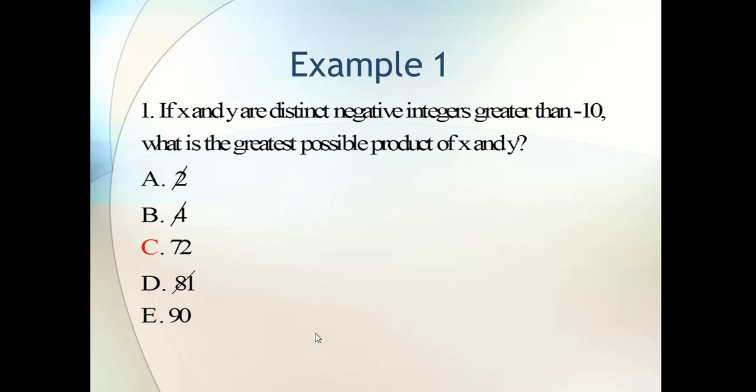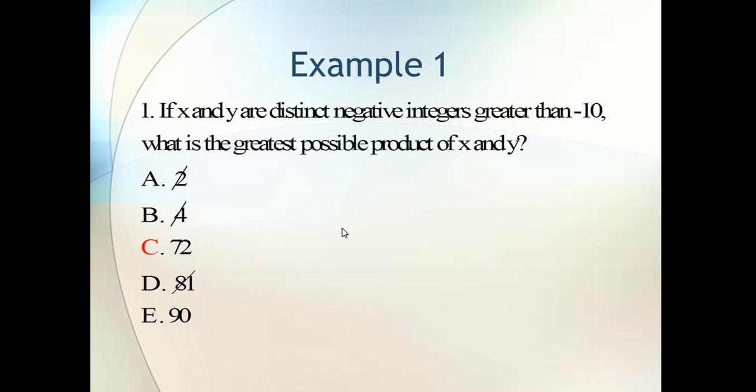So the smallest combination of two distinct negative integers is negative 9 times negative 10. But negative 10 is not greater than negative 10. It's equal. So you can't have that either. So E is obviously wrong. So by the process of elimination, you're left with C, which is the correct one, 72.